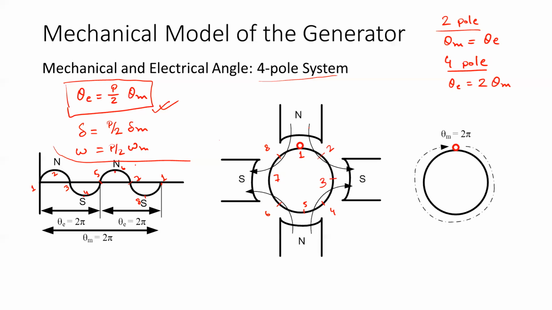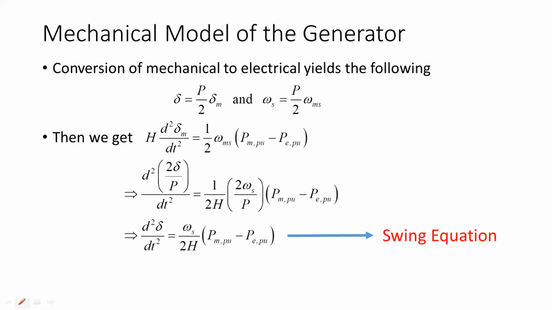Giving visual explanations of delta and omega is a bit complicated, but if you understand with theta, the same is applicable for all the quantities. So that is the relationship we'll be using now. Delta is equal to P by 2 delta m, and omega s is P by 2 omega ms.